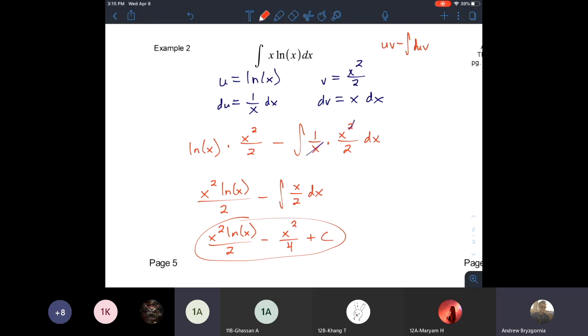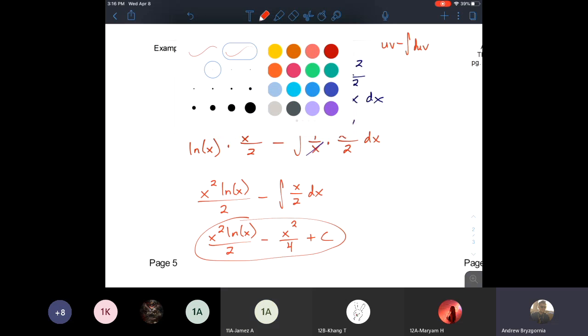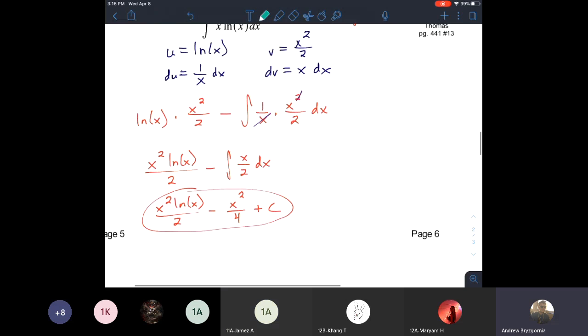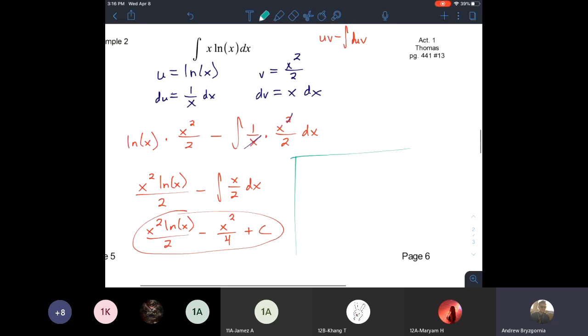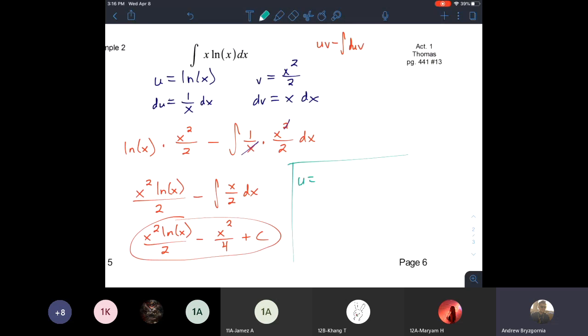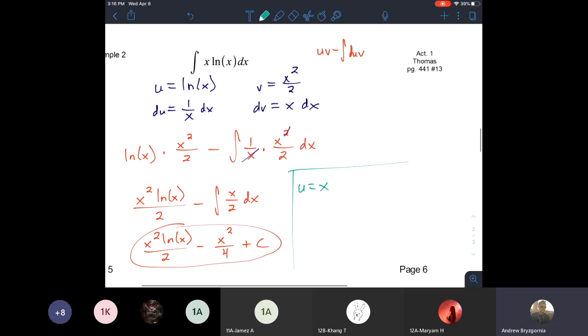Mr. Bruce. Yeah, what's up? Okay, so when we decided that natural log of x is going to be u, can you explain that reasoning again? Yeah. So what happened was, I'm going to do it down here. I originally said I'm going to let u be equal to x because I know that the derivative of x is really easy. It's just dx, or 1 dx, I should say.